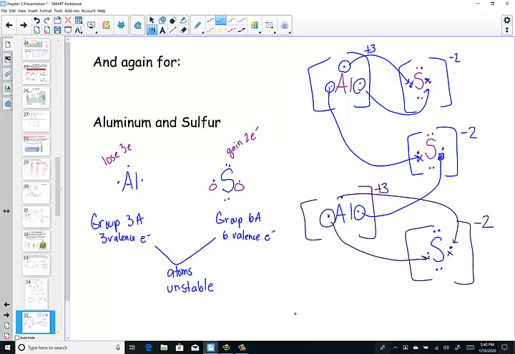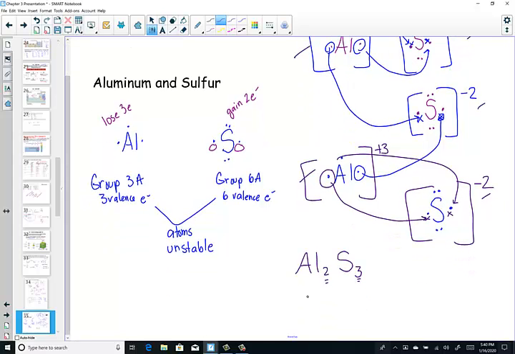It took 2 units of aluminum to satisfy 3 units of sulfur. 2 aluminums, Al2, and 3 sulfurs, S3, Al2S3. This is a compound known as, say the first name, aluminum, say the last name, sulfide, ending in IDE.